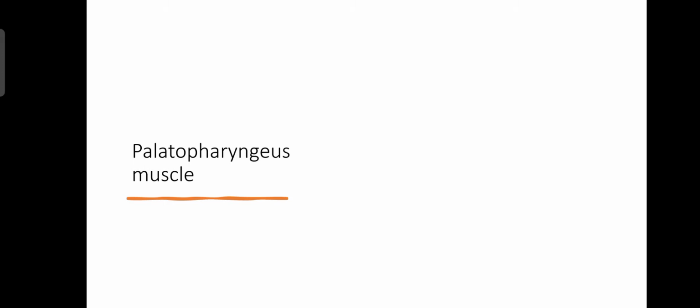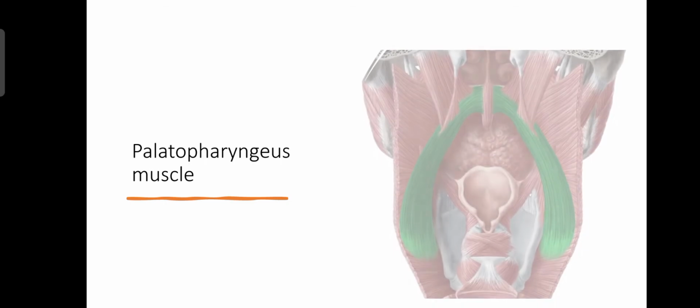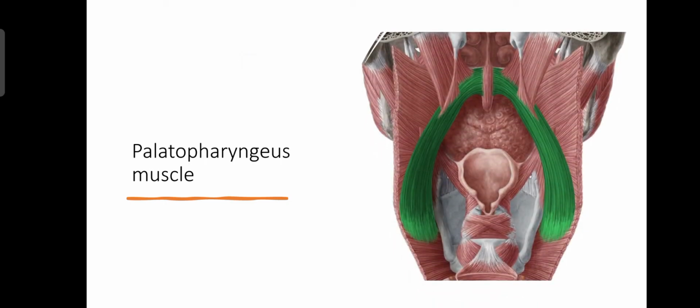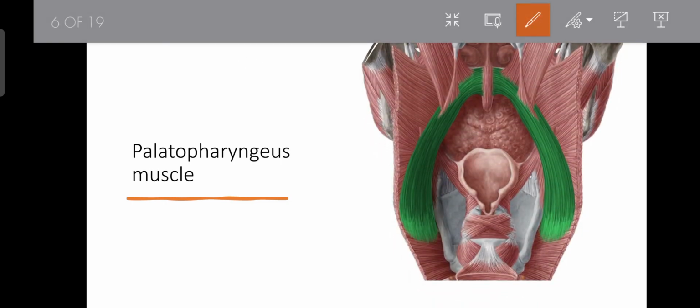Next, we'll talk about the palatopharyngeus muscle, which is our first one. Here in the diagram, we can notice that its origin is the palatine aponeurosis in this area, and the insertion, from its name pharyngeus, is the lateral pharyngeal wall.